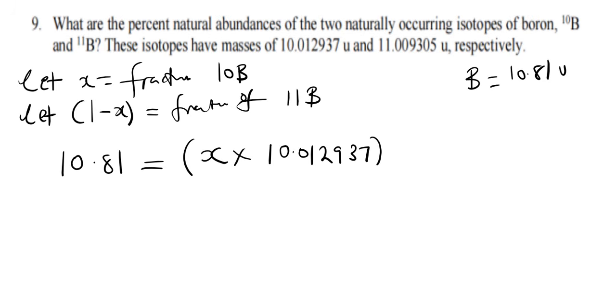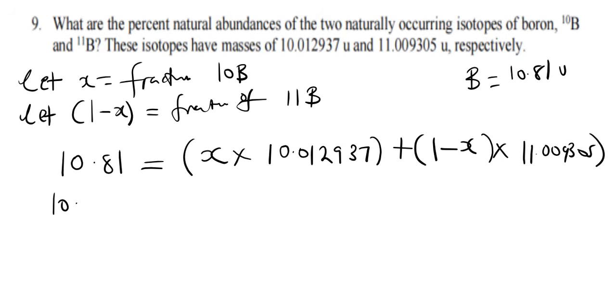Then the other one, its percentage abundance we've decided to be 1 minus x, and we multiply it by 11.009305 units. Basically this is an equation we just need to solve: 10.81 equals, and it's just a matter of calculations.